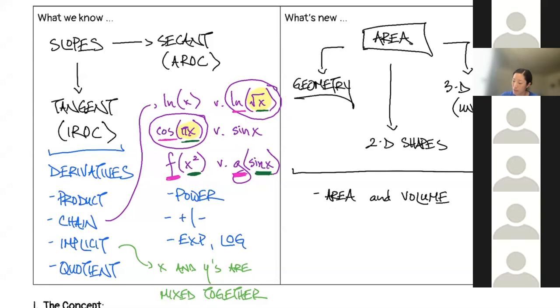Yeah. And if we kind of go back to this idea of position, velocity, and acceleration, okay, that's what we learned before. Now what we're going to be focusing on is, well, if someone gives you the acceleration, how do you find the velocity?